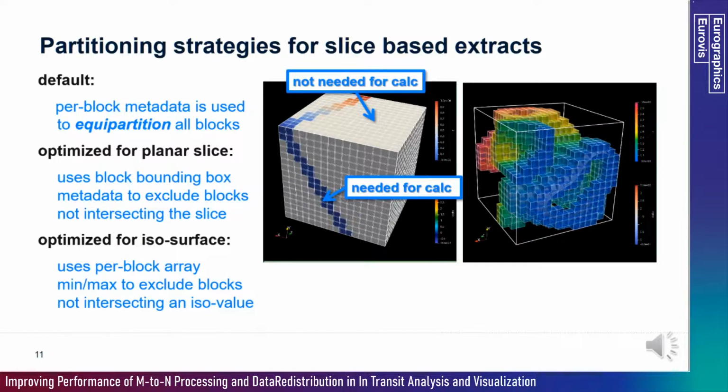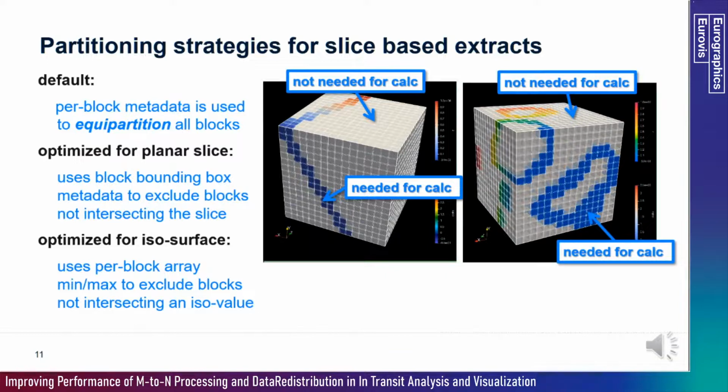In the case of the isosurface extract, we can use per block array min-max metadata to determine if an isosurface value intersects a particular block. The blocks not needed for the extract need not be moved nor processed. These optimizations can result in reduced data movement, memory use, and processing costs.